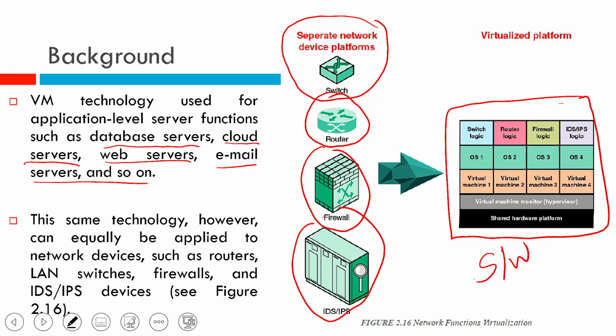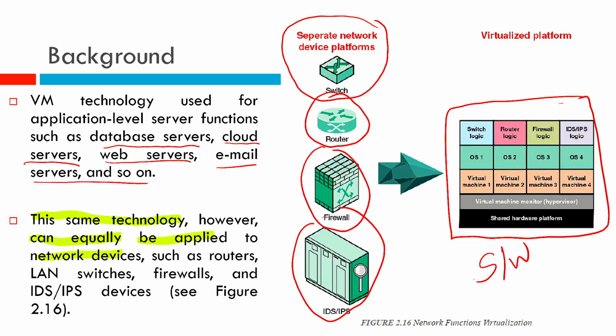We can extend our network through virtual machines, but at the same time this technology is used in the switch and router components, and switches and their functions are emulated in software form. So they clearly say that the same technology can equally be applied to network devices.